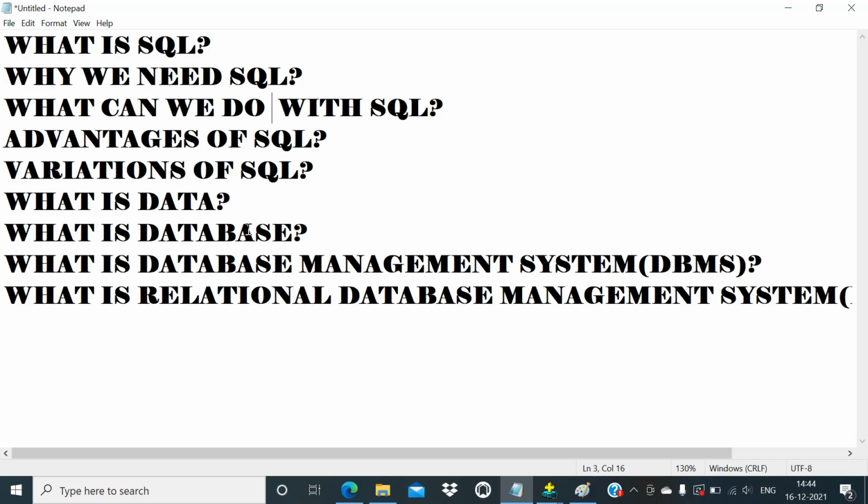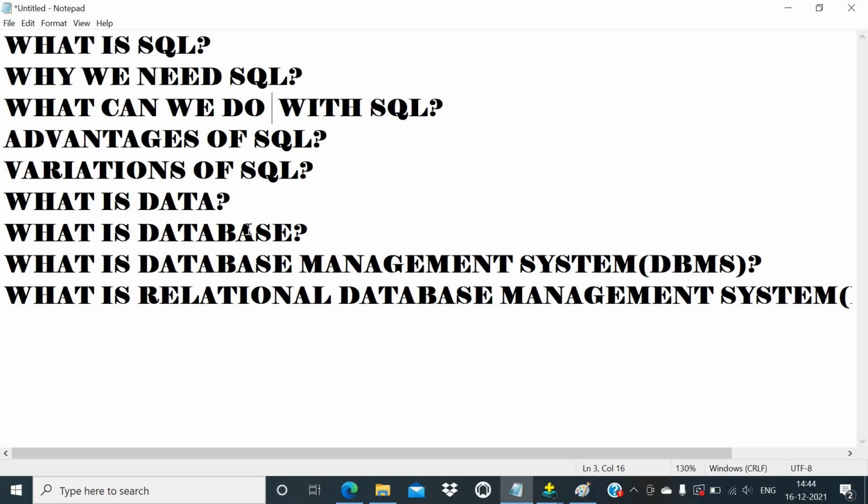Now, what is data? Very simple. Data is nothing but properties. Properties of an object is nothing but data. If we say it in a sentence, it is a raw fact which describes the properties of an entity. Generally, if we take an example of a mobile phone, it will have some features or properties such as RAM, ROM, camera, battery, and camera pixels. All these come under properties.